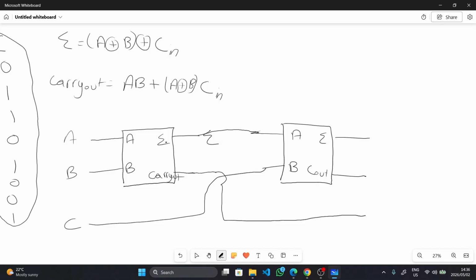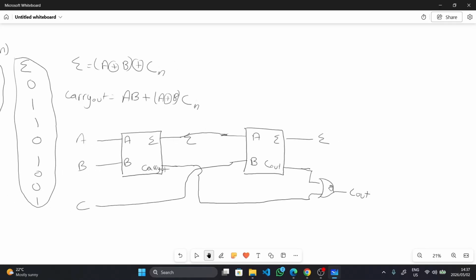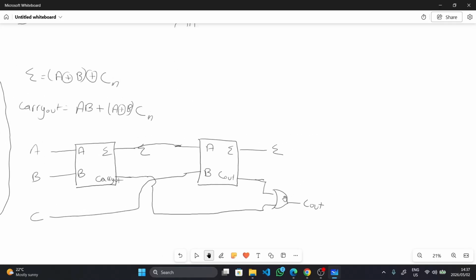And then they will be added with our OR gate here. So that will be our sum, this will be our carry out, and then our equation for that sum. So this is our full adder representation using half adders.